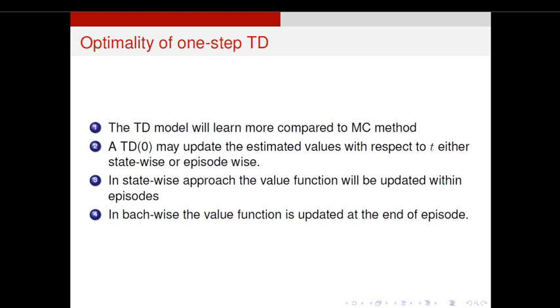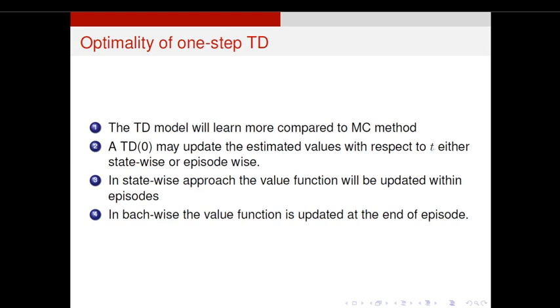V of S is updated to the initial V of S plus alpha into the temporal target, that is R plus gamma into V of S dash minus V of S. That happens only at the end of the episode. That is another option. If it is done at the end of the episode, it is called episode wise or batch wise updation.